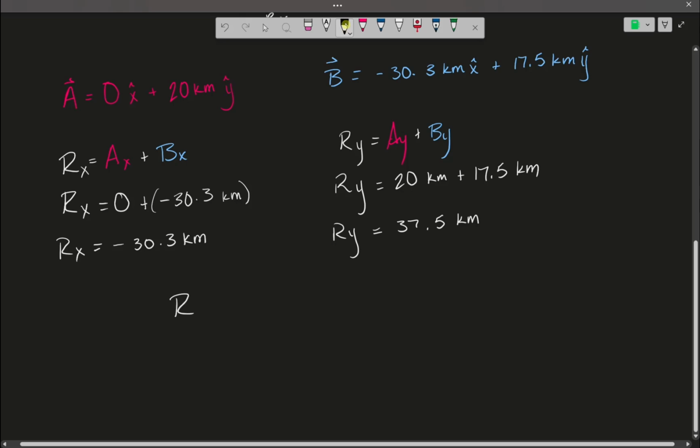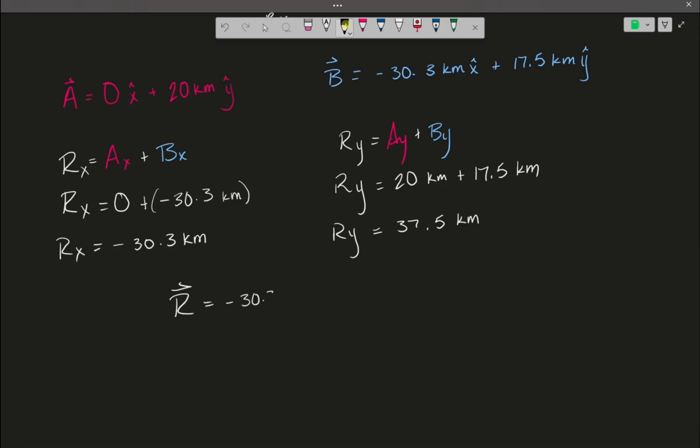So the resultant vector is negative 30.3 kilometers in the x direction plus 37.5 kilometers in the y direction.